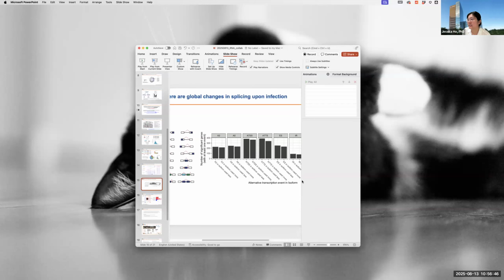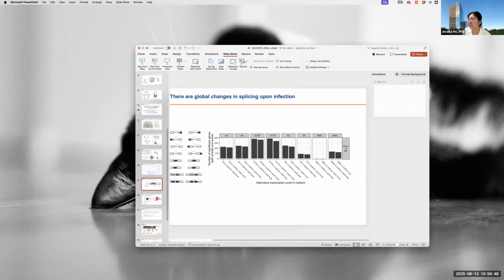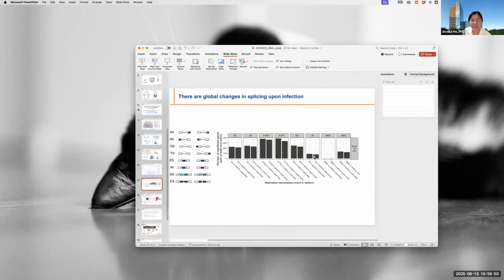So I think we can see this. We didn't pick up too many intron retention events compared to alternative exon usage. I feel like this may be a more generic splicing inhibition during viral infection, but we still need to do more work to answer that question.